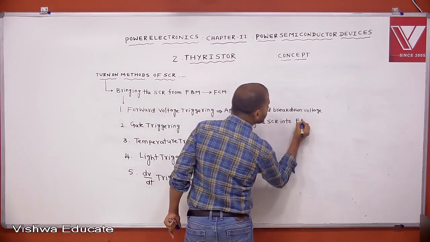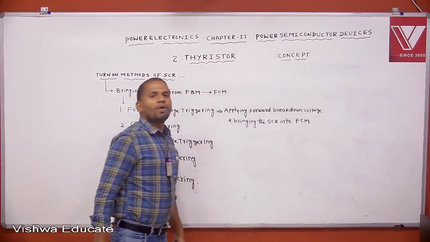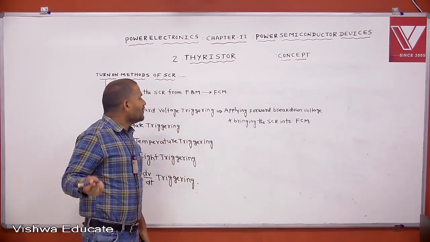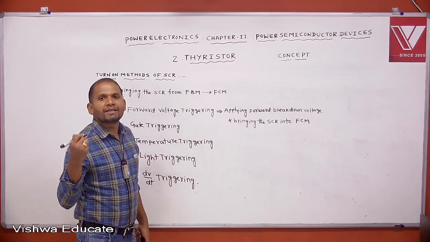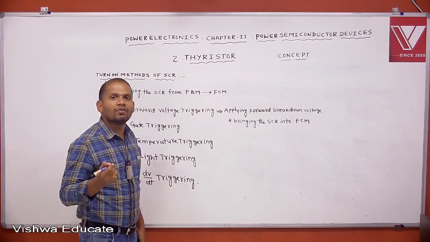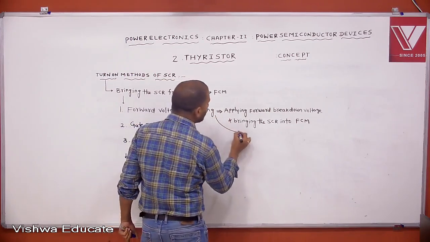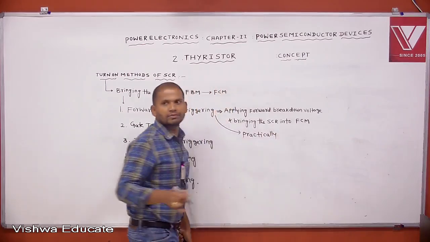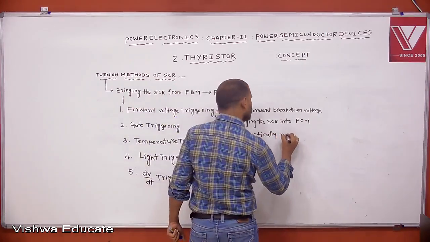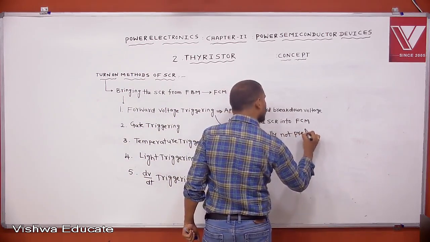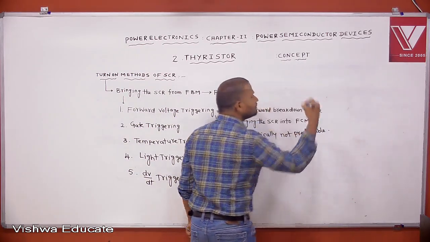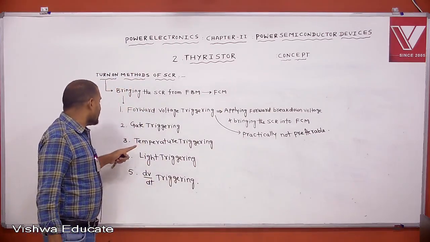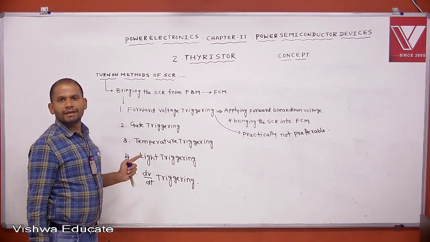Applying forward breakdown voltage and bringing the SCR into forward conduction mode is called forward voltage triggering. But practically it is not preferable. The reason I told: the SCR may be damaged. The next ones are gate triggering, temperature triggering, light triggering, and dV by dt triggering.